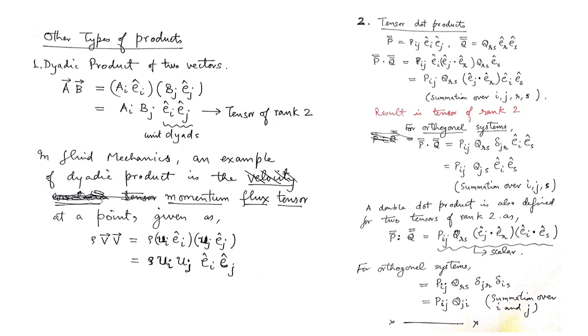So the summation finally remains over i and j, and the expression for orthogonal systems is that the double dot product of two tensors P and Q is simply Pij Qji. Again we have repeating indices i and j, so you need to sum over both i and j. With this we finally conclude this lecture.